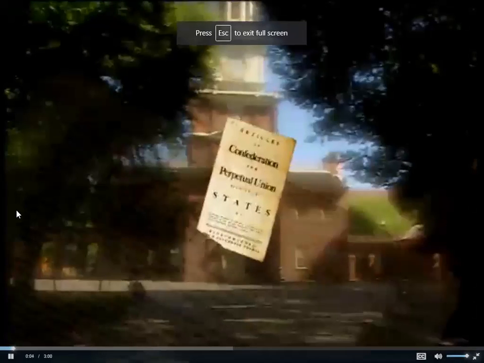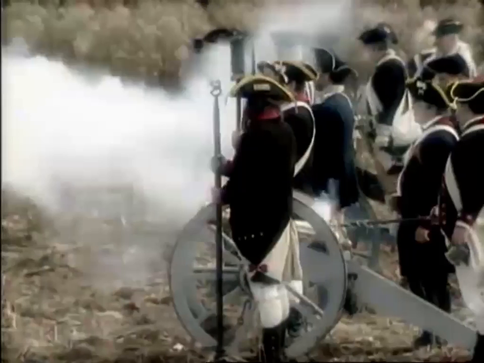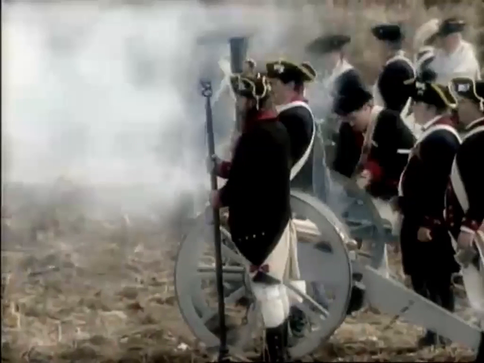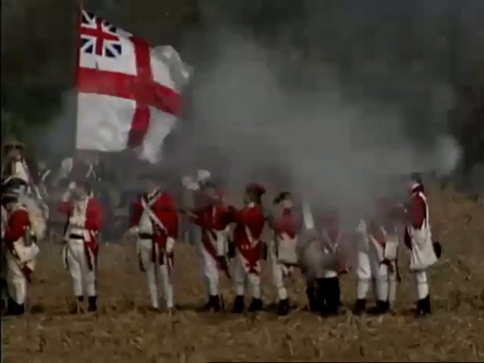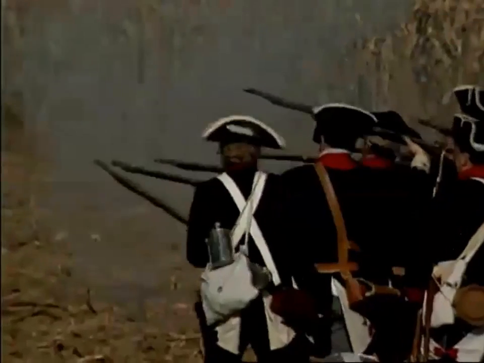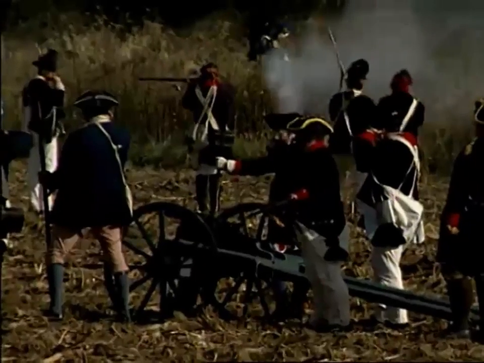The very first document to direct how the United States should be governed was the Articles of Confederation and Perpetual Union. In the summer of 1776, with the Revolutionary War raging, Congress urgently needed to create a functioning government.